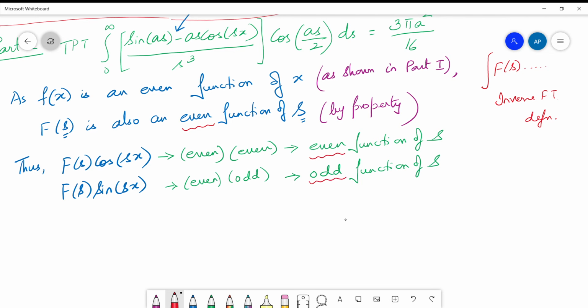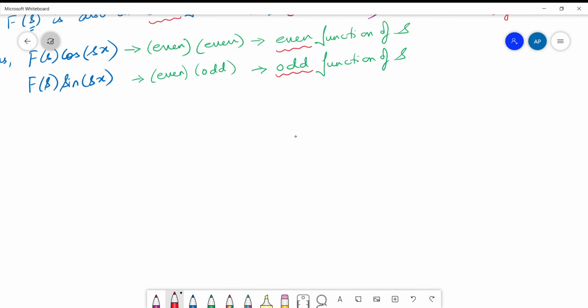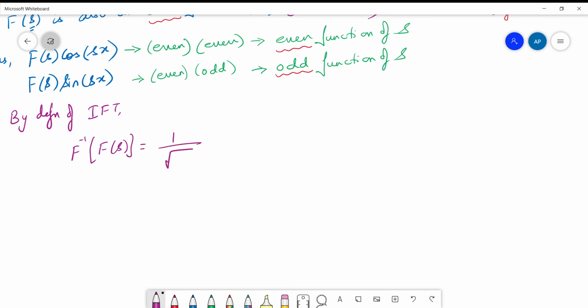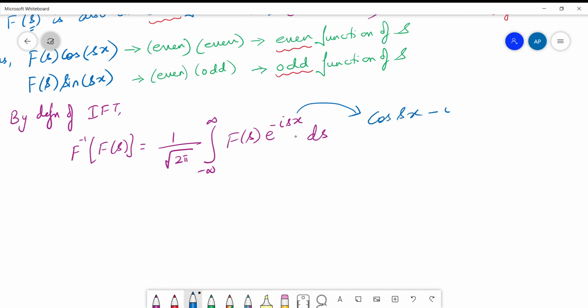Keeping this in mind, we should now start with the definition of the Fourier inverse transform. So by the definition of inverse Fourier transform, it will become F inverse of f of s. I am writing the definition first. It becomes 1 by root 2 pi, integral from minus to plus infinity, f of s, the kernel, if you remember, is e power minus isx, and integration is done with respect to s. Now the first step before we substitute f of s, you must rewrite e power minus isx as cos sx minus i sin sx.